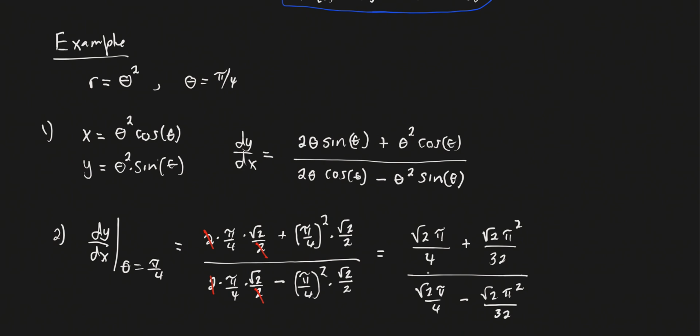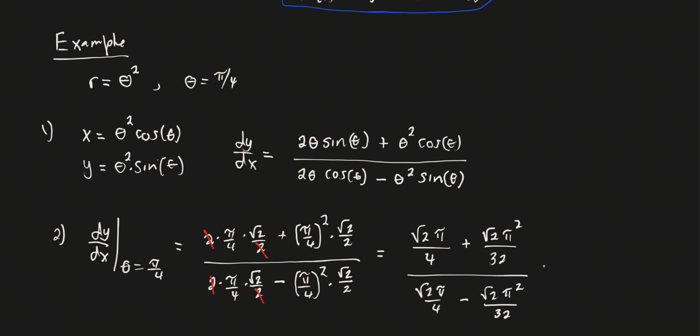Now what we can do, so right now we have a rather complicated looking fraction. We have several fractions within a larger fraction. Let's multiply the top and the bottom by the lowest common denominator, which in this case is 32.